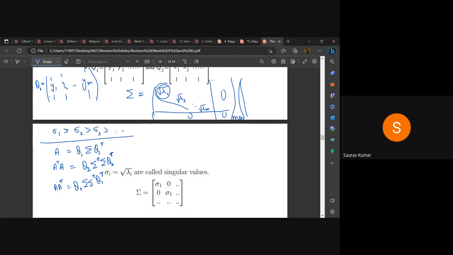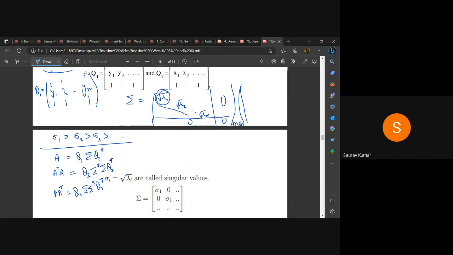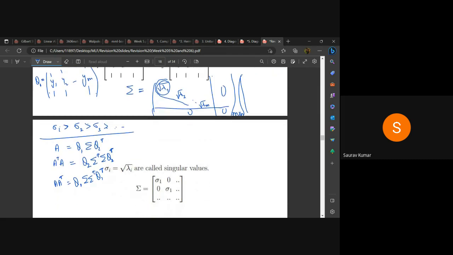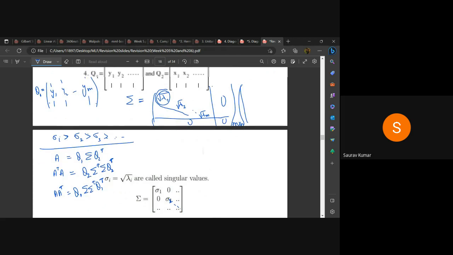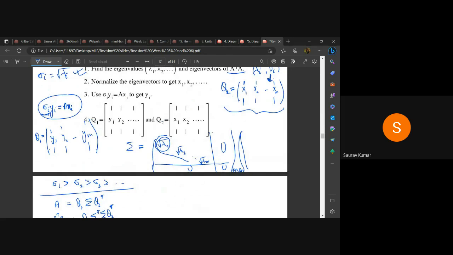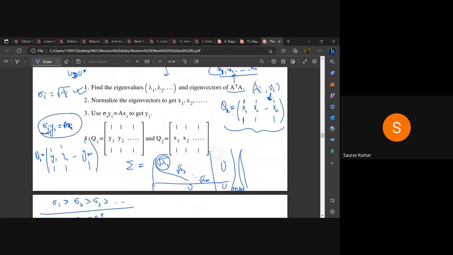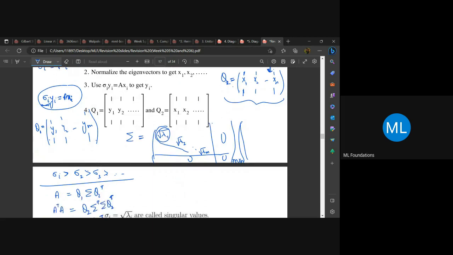One doubt, ma'am. When we talk about the eigenvalues, we keep them in ascending order. Like we get eigenvalues 1, 4, 7, then we will write lambda 1 is equal to 1, lambda 2 is equal to 4, and lambda 3 is equal to 7. Is that what you said? Yes.